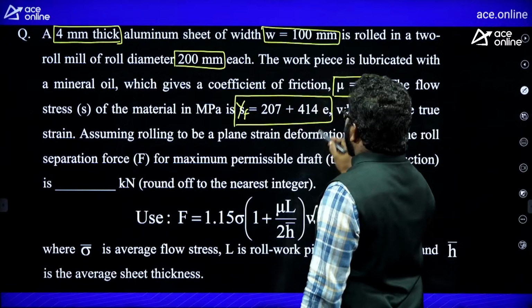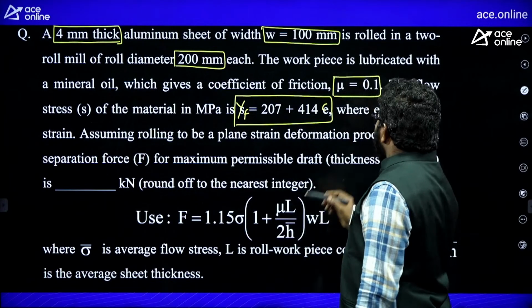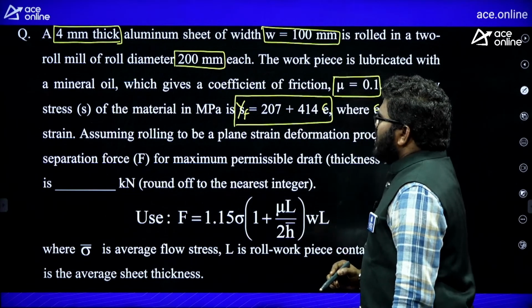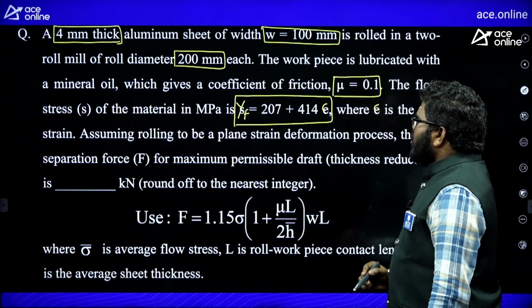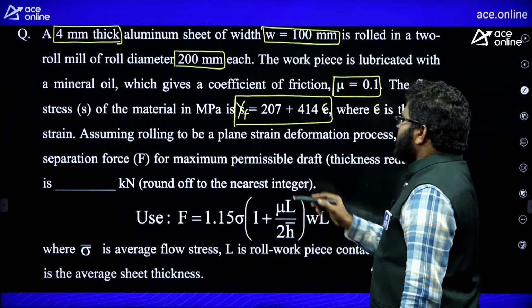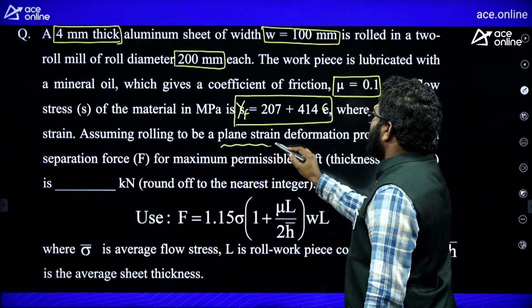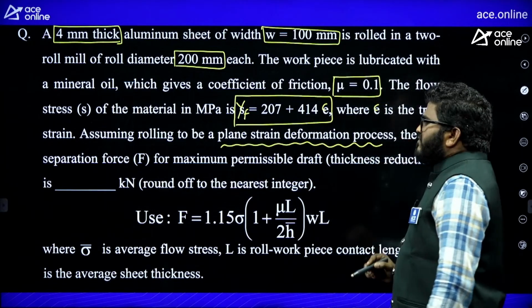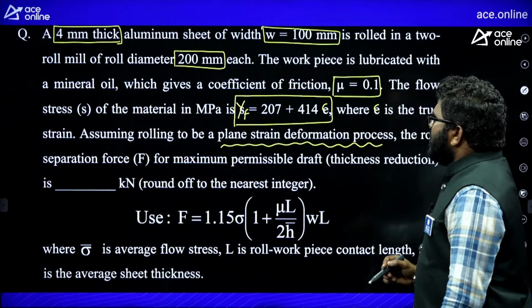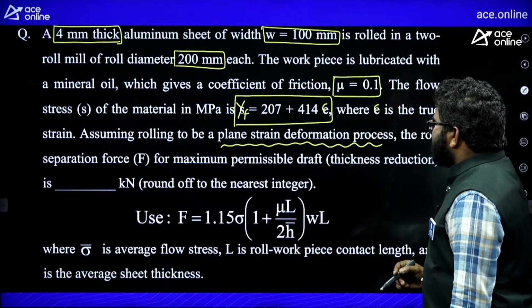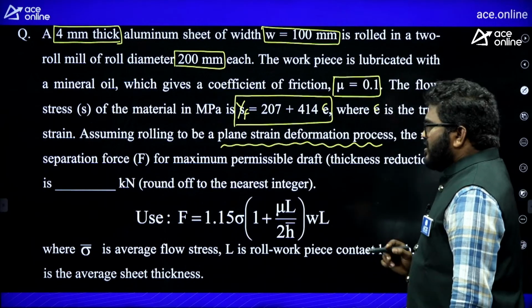The flow stress is 207 plus 414 epsilon, where epsilon is the true strain, assuming rolling to be a plane strain deformation process. Generally rolling is a plane strain deformation process. The roll separating force is asked for the maximum permissible draft.